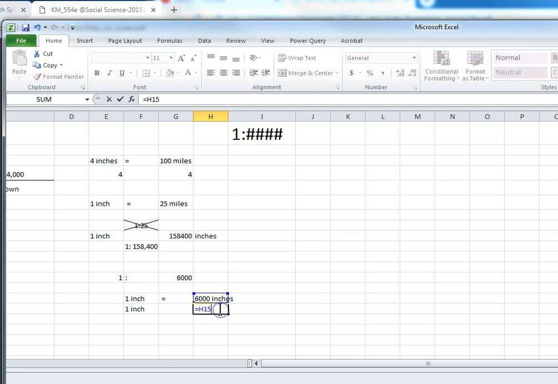No, that's feet. Sorry, I goofed that one up. So I'm going to do 6,000, and I'm going to divide that by 12 times 5,280. There we go, because I want to get back to miles. So 1 inch is about 0.09 miles is how I would write that out. Okay, so that's converting it the other way.